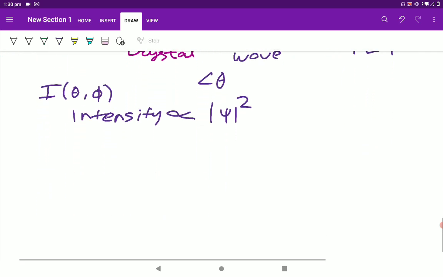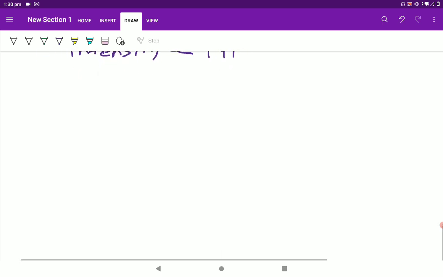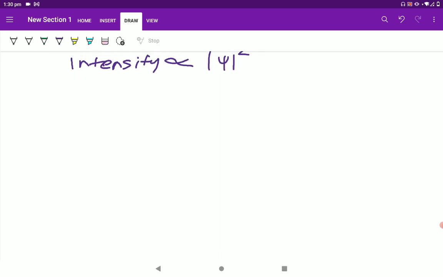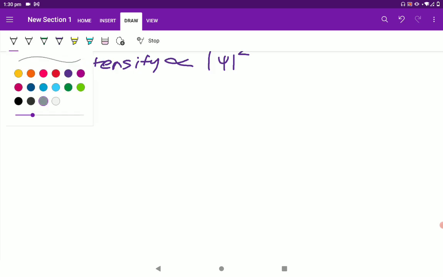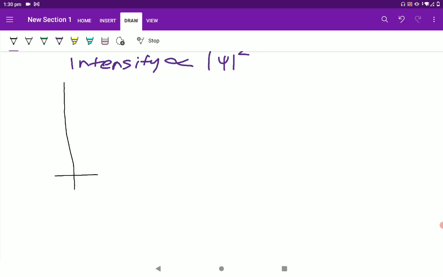So in a typical diffraction experiment, we see that the intensity is generally zero, but has some peak values. Suppose I'm plotting the graph. On the x-axis there is theta, that is direction, and on the y-axis the intensity.